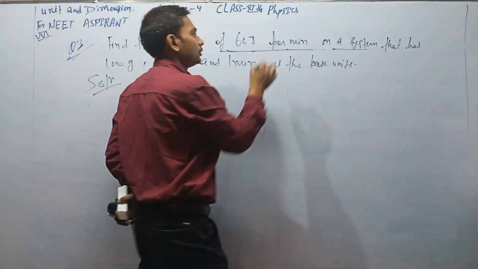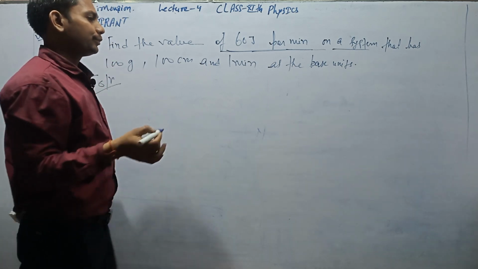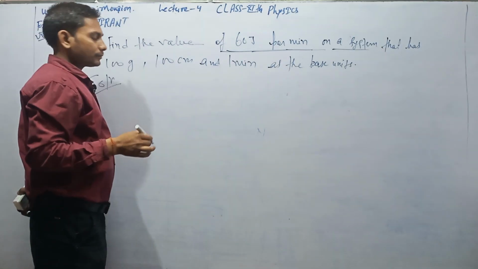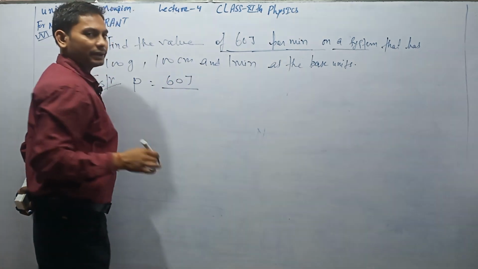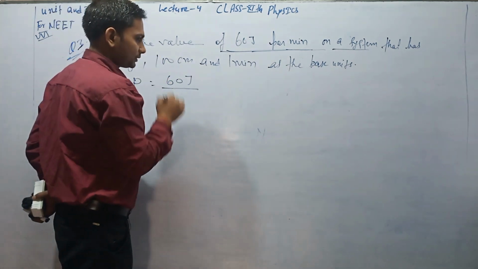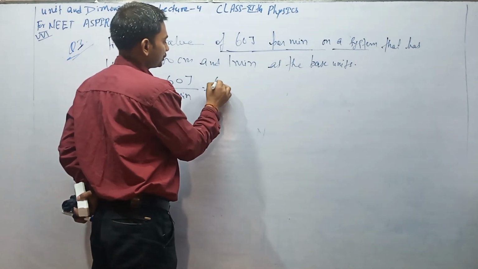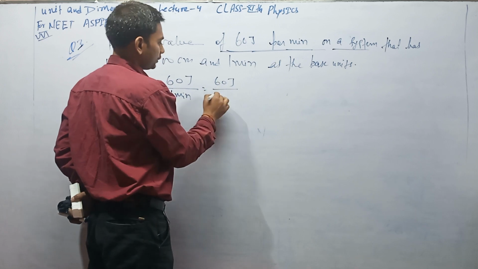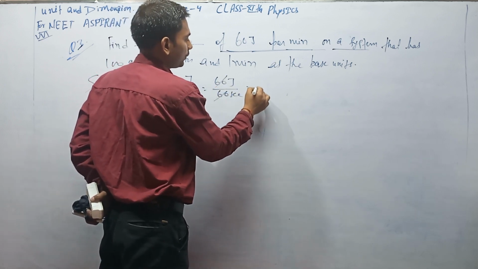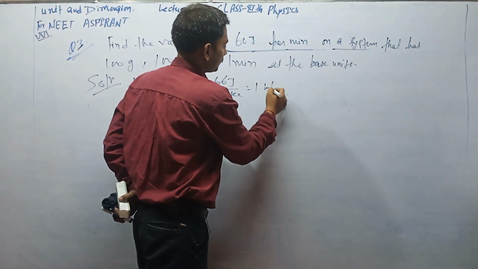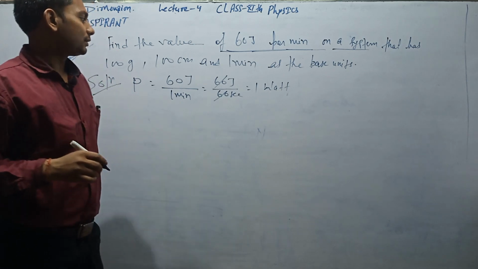That means energy per unit time is called power. First of all, power equals 60 joule per 1 minute. That means 60 joule upon 60 second. Cancel out, 1 watt. Power in the SI system, the SI unit is watt.